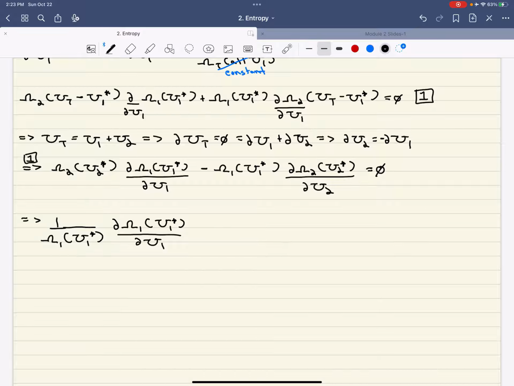Okay? And so here, because we have the derivative over the function itself, we could rewrite that like this. So that's the natural log. That's just from the definition of the natural log derivative.